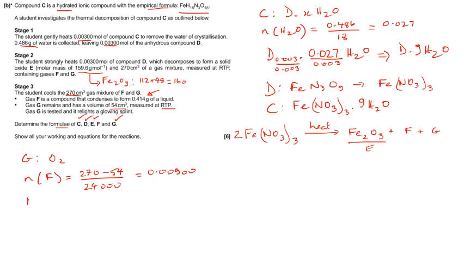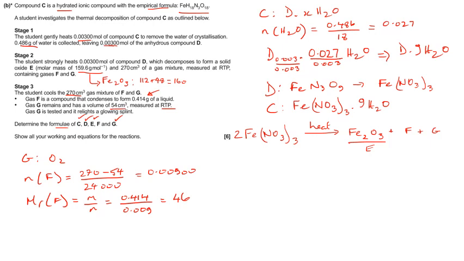Now we can work out the Mr of F. Mr is mass over moles. Mass is 0.414, moles is what we just calculated, 0.009, and that comes out at 46.